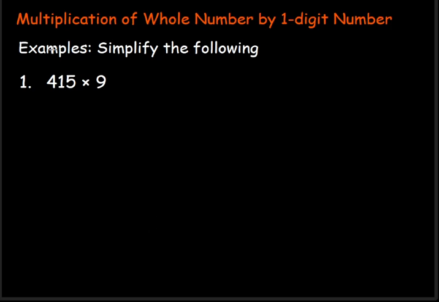Number one, we have 415 times 9. We want to multiply 415 by a one-digit number, which is 9. So let's see what we'll get there. Solution. We have 415 times 9.